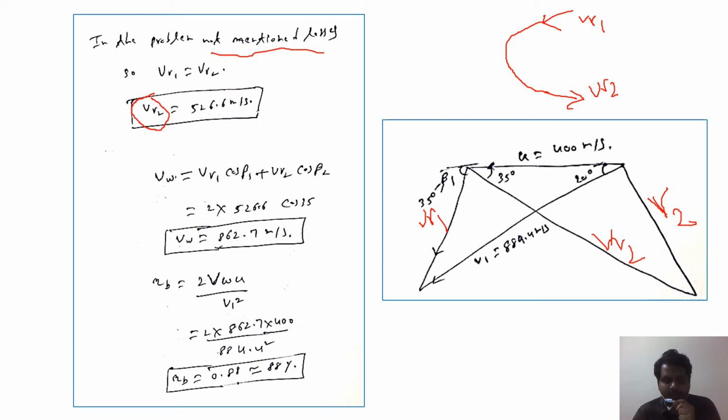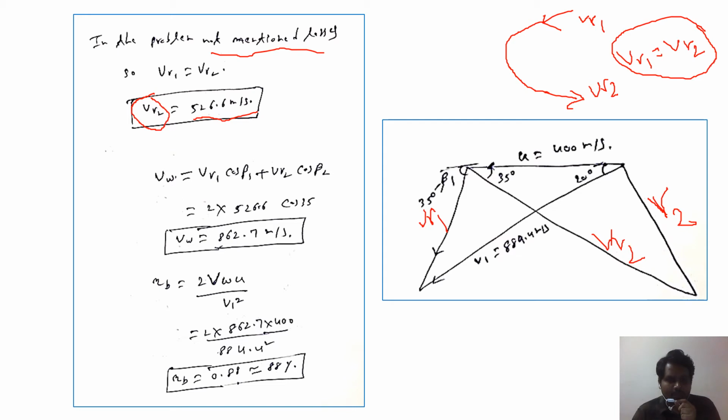If there is no friction when steam flows over the blade, VR1 equals VR2. Relative velocity will be the same when there is no friction. In that case, VR2 is VR1. VR1 value we already calculated, that is 526.6 meter per second.